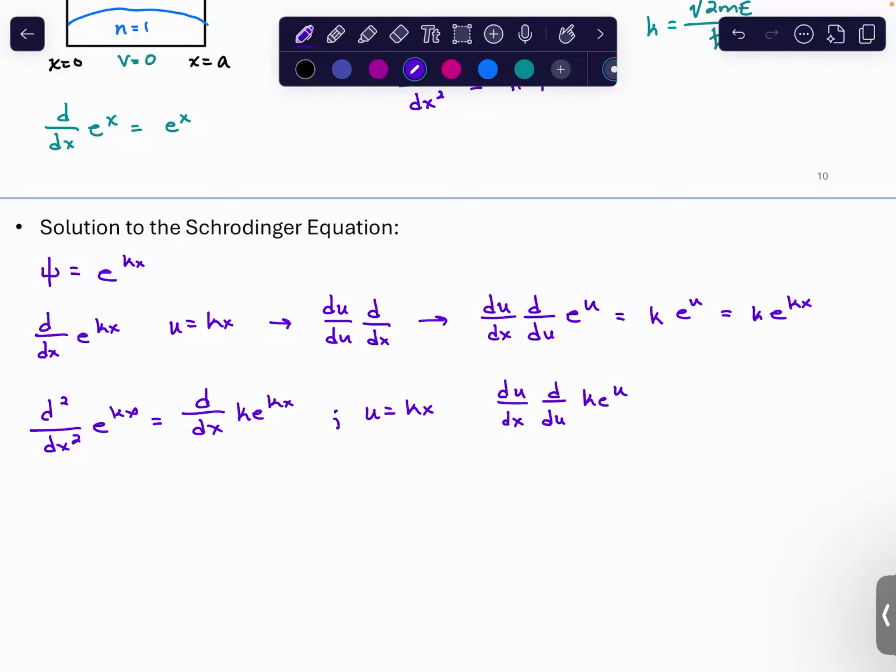Yep, so the k is not even going to get touched here, okay? So again, the du/dx is going to be k. And then I already have a k there. And my d/du of e^u gives me back e^u.